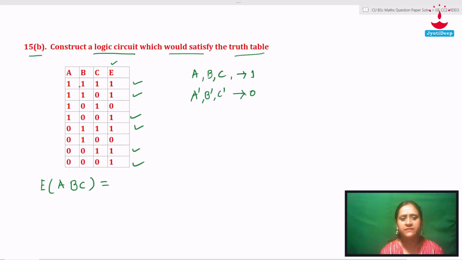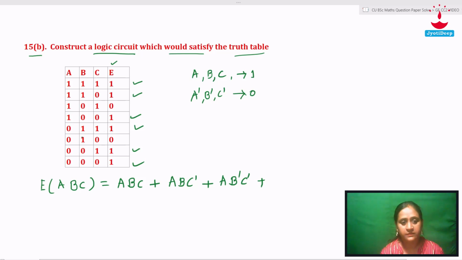In the first row 1 1 1, so it will be ABC plus. In the second row 1 1 0, so it will be ABC dash plus. For this row 1 0 0, that means AB dash C dash, plus.